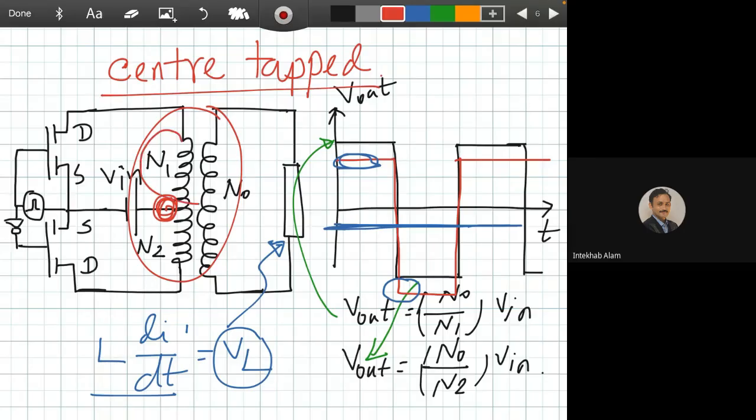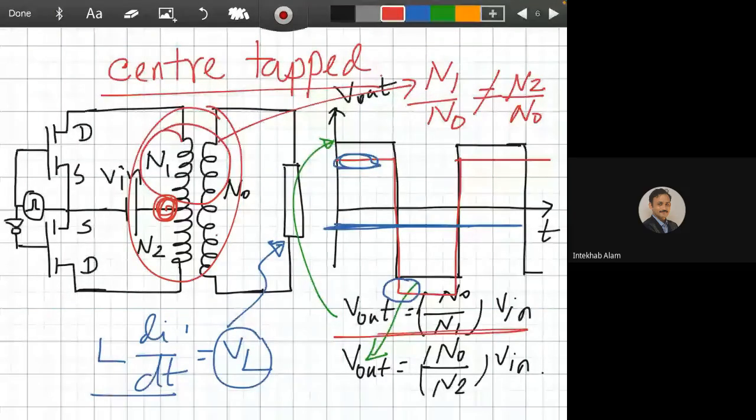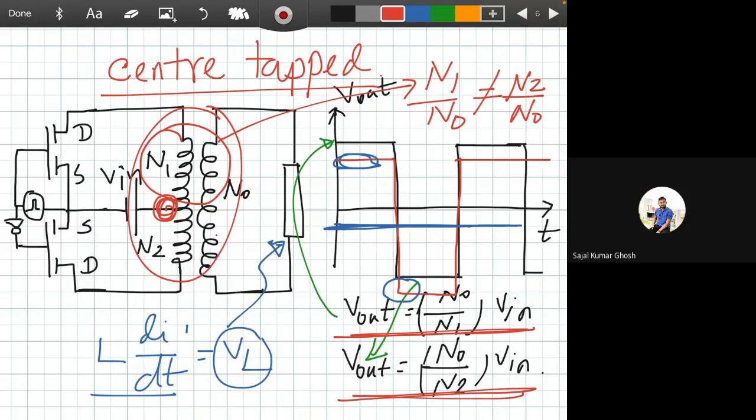If N1 and N2 are not same, then what will happen? The turns ratio N1 to N0 is not equal to N2 by N0. So the output voltage will also be different, and I have written the output voltage here, V out and V out. Okay. So if they are not same, I am thinking that N1 is higher than N2.